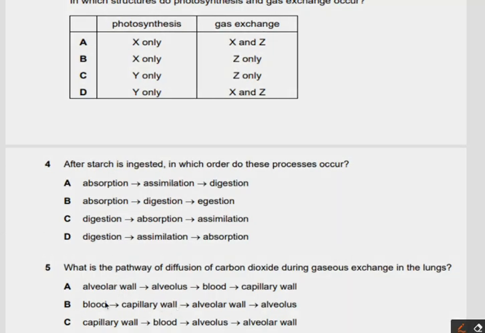Let me just write the cascade. So here we're going to have blood.